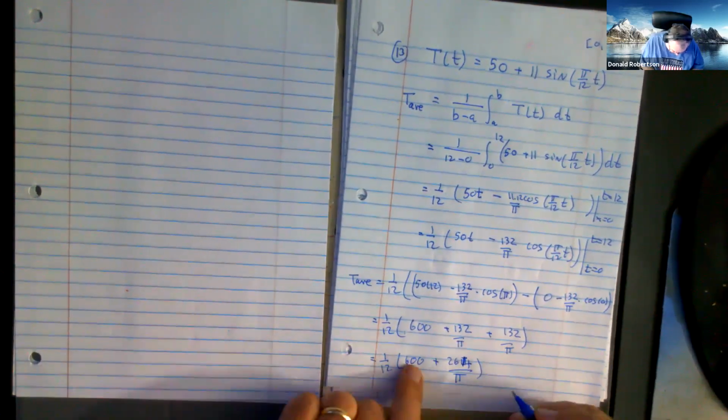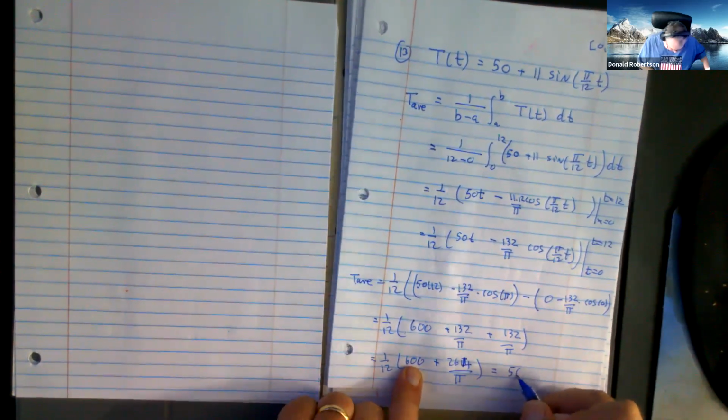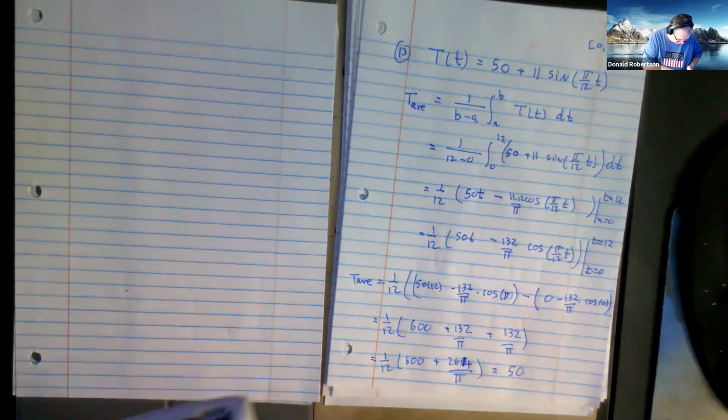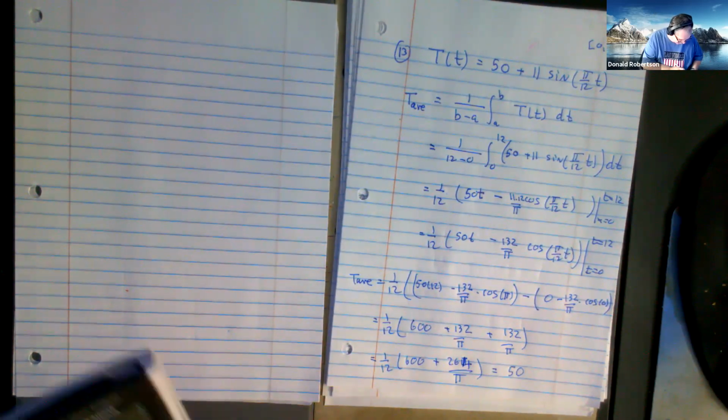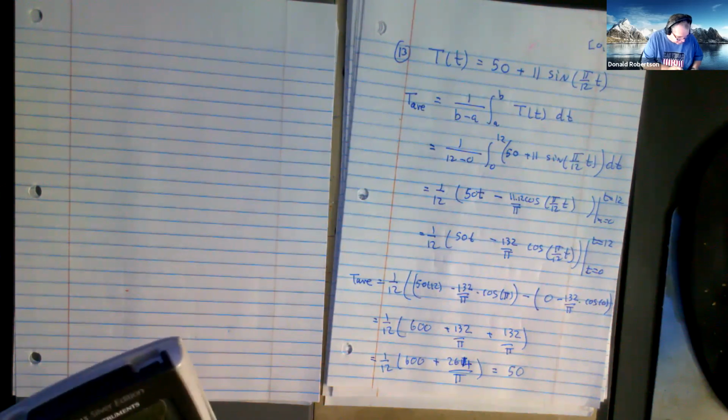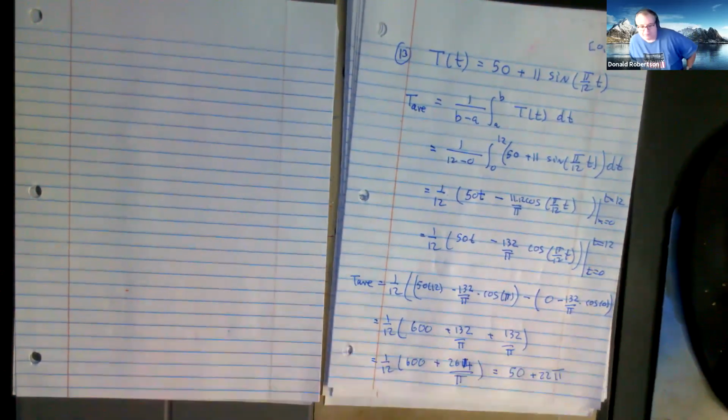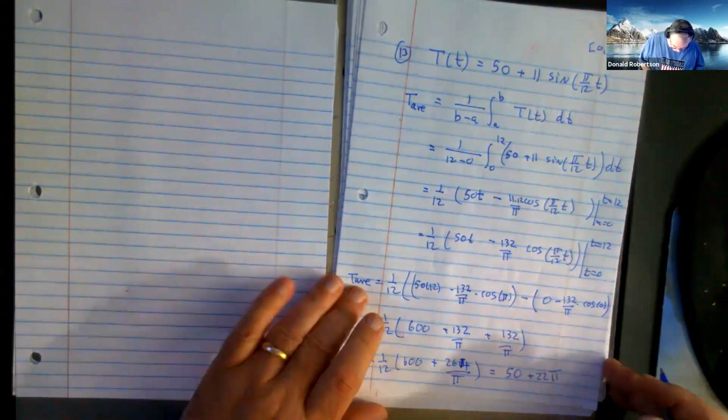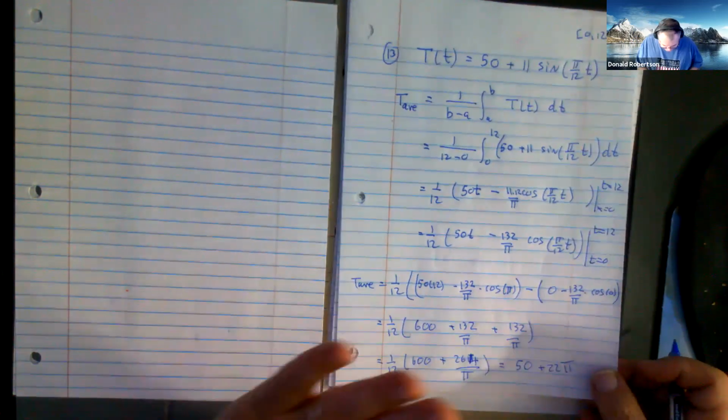If I distribute the 1/12, I get a 50. I hope 264 works with 12, otherwise that was a pointless thing for me to do, and it does. Are we cool with that guy? Now, of course, bear in mind I can't count, but the process is right.